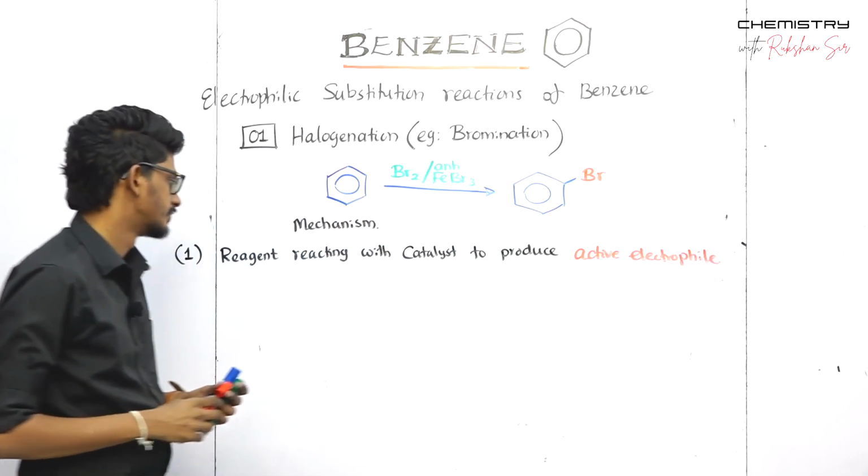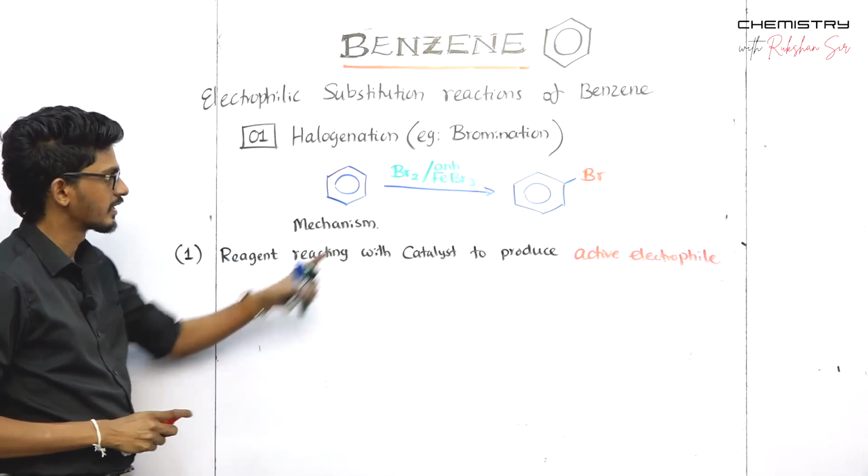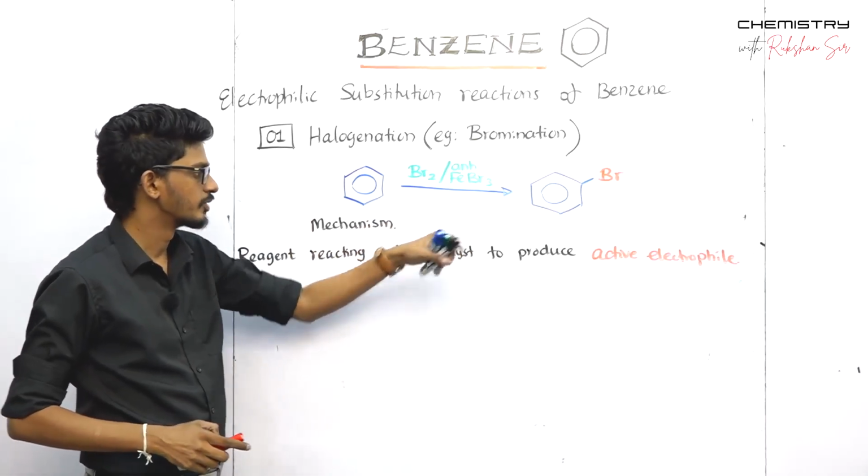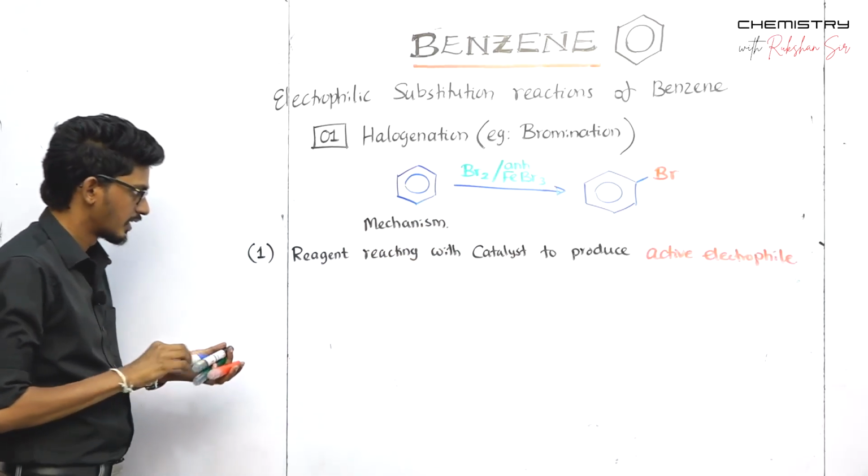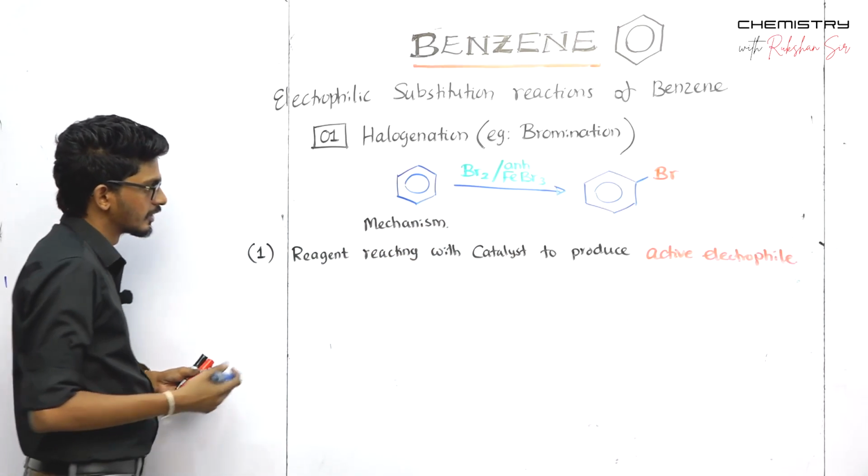That is the first step. The reagent reacts with the catalyst. These two are reacting to produce the active electrophile. Let's write that. So it will be like this.